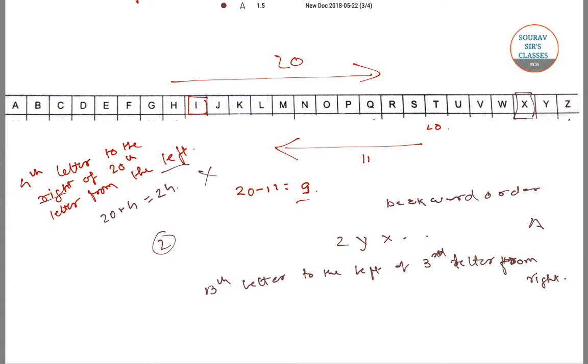What we can do is interchange right to left and left to right. So it becomes the 13th letter to the right of the 3rd letter from the left, and we find it in the forward order sequence.